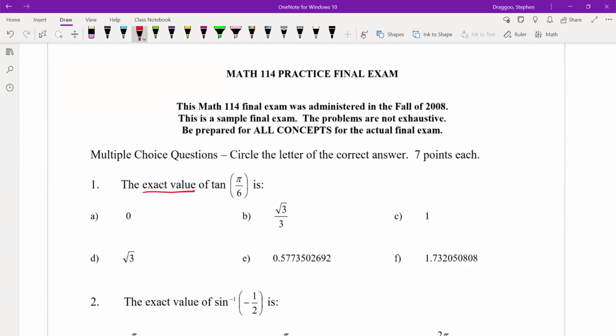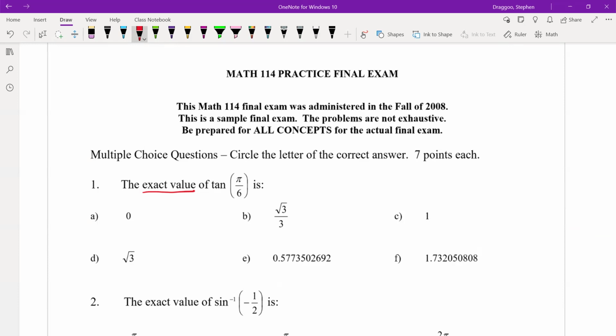So the square root of 3 is an irrational number, so we just write down square root of 3. Pi is an irrational number, so we just write pi as its exact value. 3.14159 is a very good approximation for pi, but is not an exact value. It's a decimal approximation. So we have exact values versus decimal approximations.